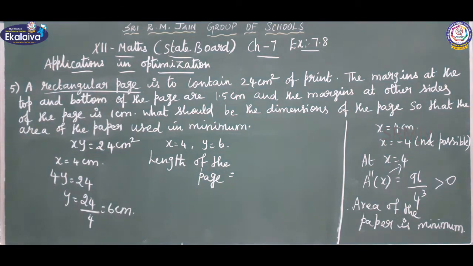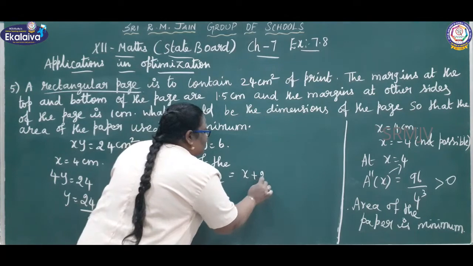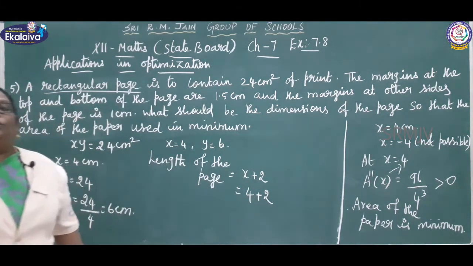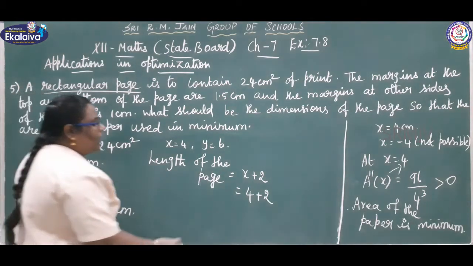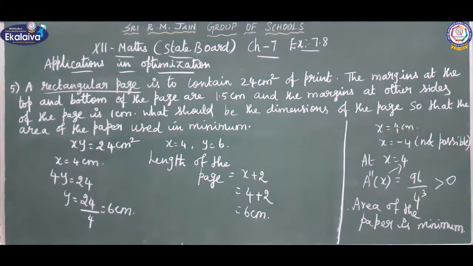Length of the page equal to x plus 2. So, 4 plus 2, because x value is 4, equal to 6 centimeter. Length of the page equal to x plus 2 equal to 4 plus 2 equal to 6 centimeter.